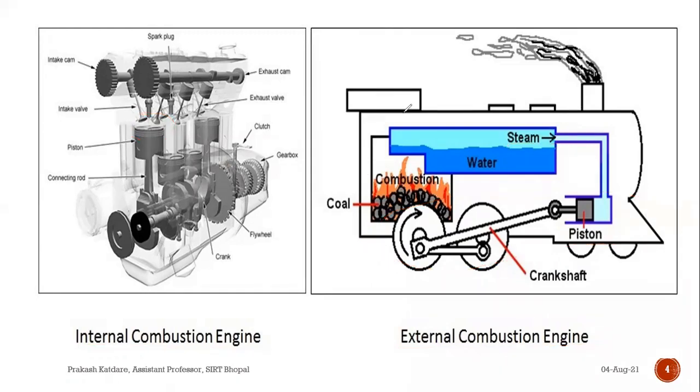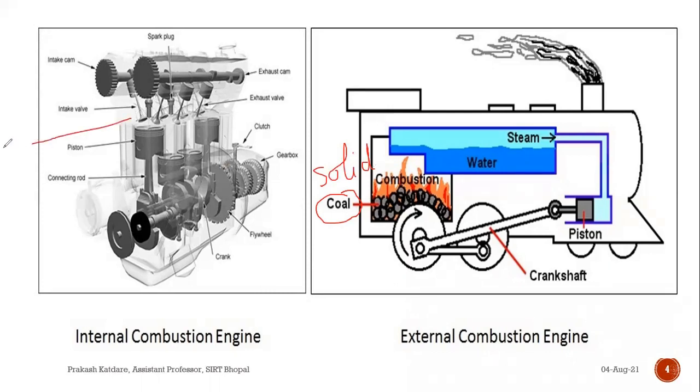So, for example, let's talk about the fuel first. If you can see, in external combustion engine, we are using the fuel which is coal. That is, we can use the fuel in solid form also.